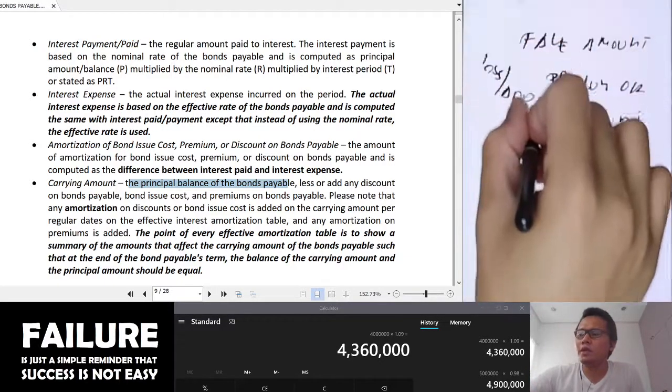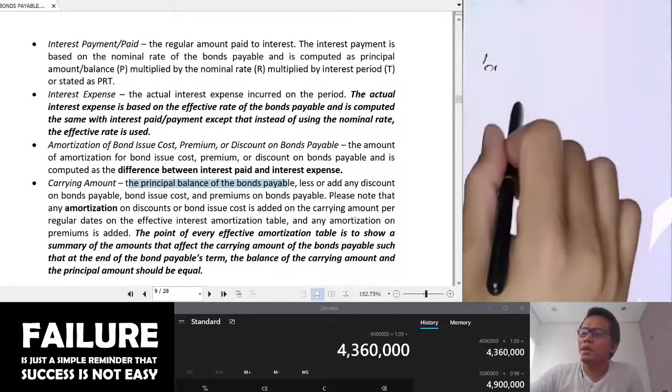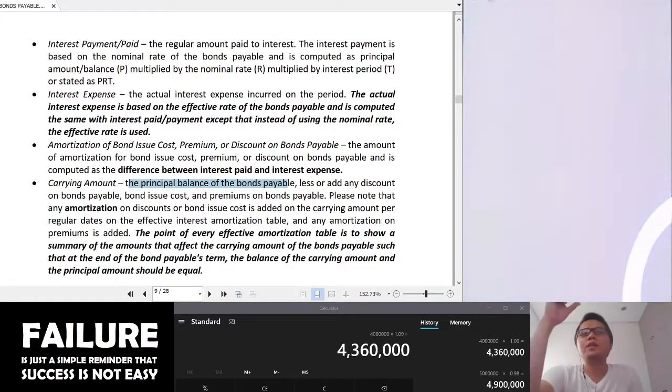Kung ano yung issue price. Now, any carrying amount, pag mayroon na tayong amortization of premium or discount, is that the amortization of discount is added sa carrying amount to get your current carrying amount. Any amortization of premium is deducted sa carrying amount.